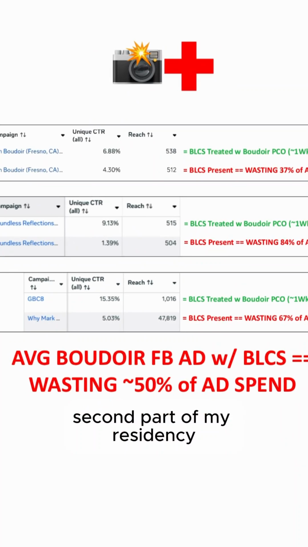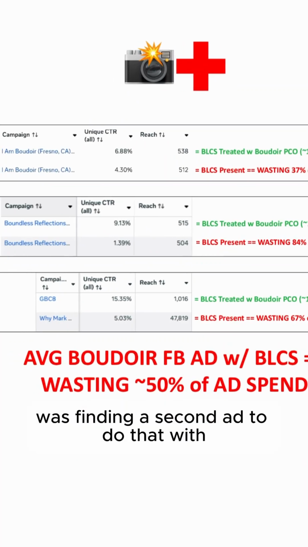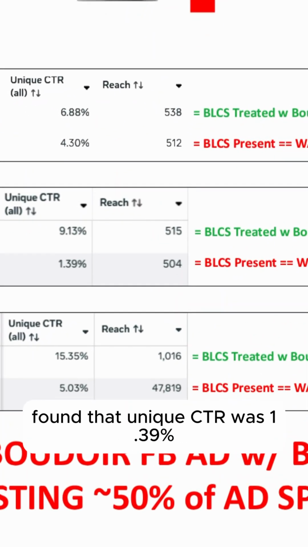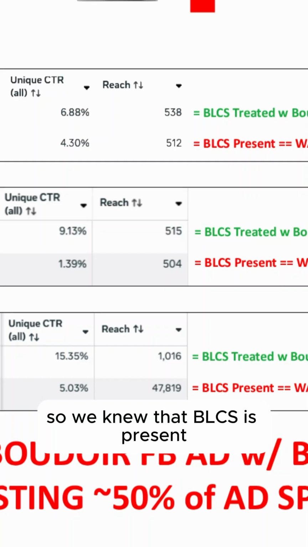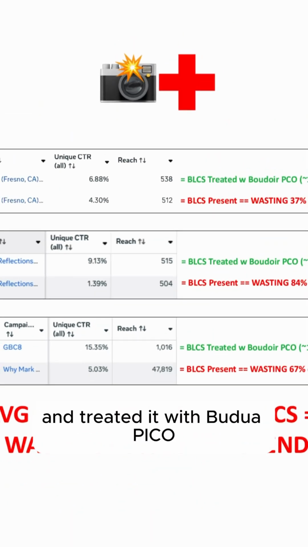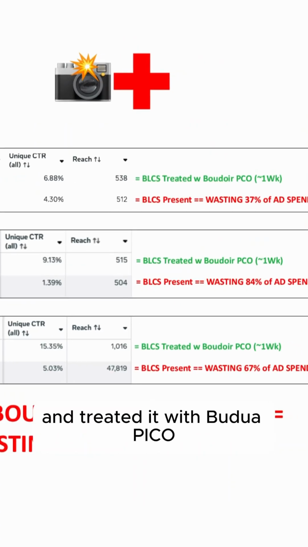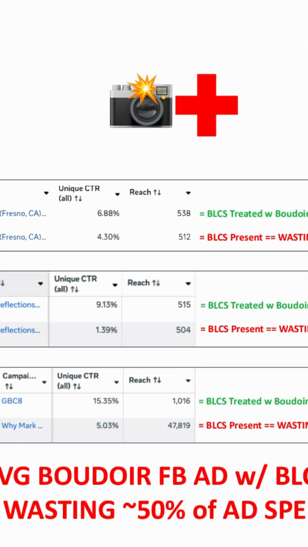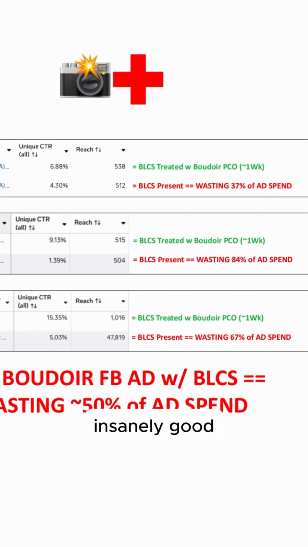Second part of my residency was finding a second ad to do that with. So found another one out there, brought it to the hospital, tested it, found its unique CTR all was 1.39%. So we knew that BLCS is present. So we duplicated that and treated it with Boudoir Pico, got the unique CTR all up to 9.13%. Insanely good.